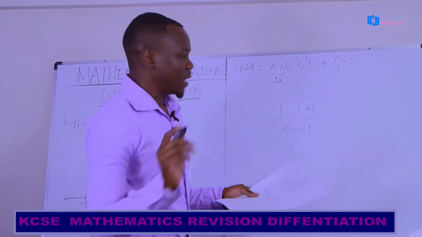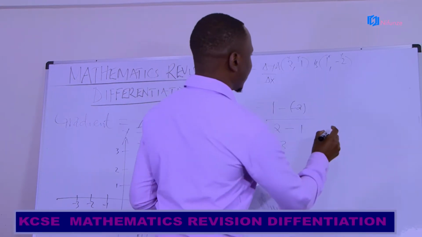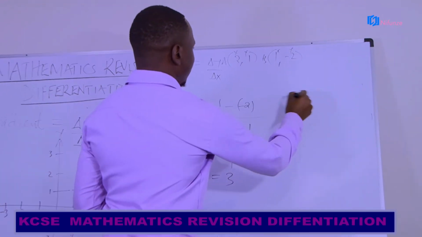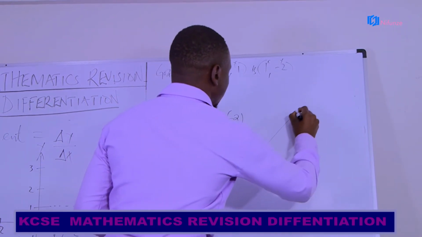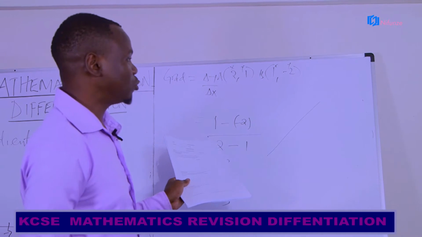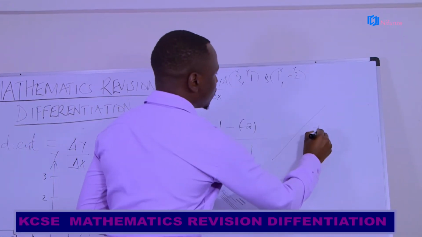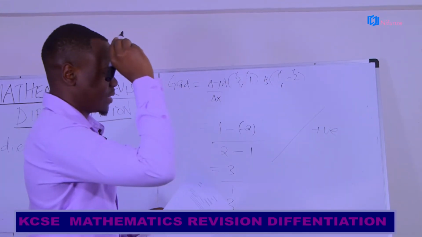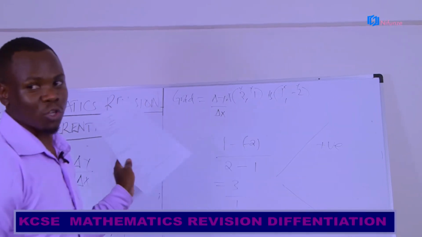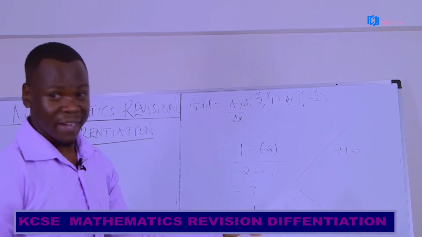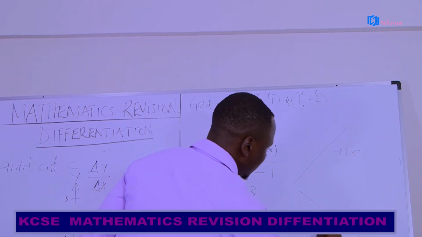So let me refer you back again to what we did. In Form 2, we said that if we have a line which slopes from the bottom left to the top right, this has a positive gradient. And a line which slopes from the top left to the bottom right has a negative gradient.